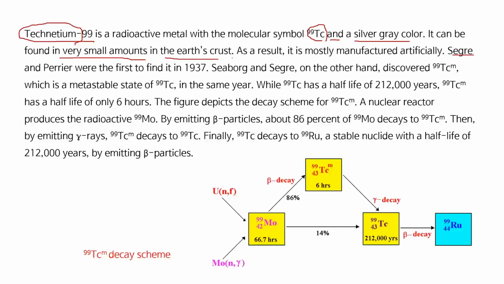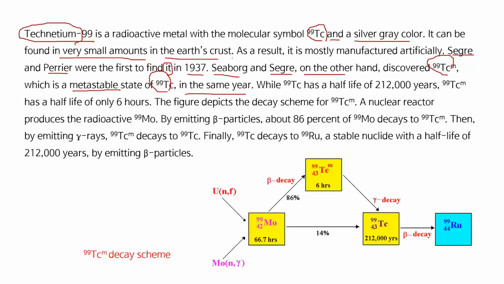Segre and Perrier were the first to find it in 1937. Seaborg and Segre, on the other hand, discovered Tc-99m, which is a metastable state of Tc-99, in the same year.